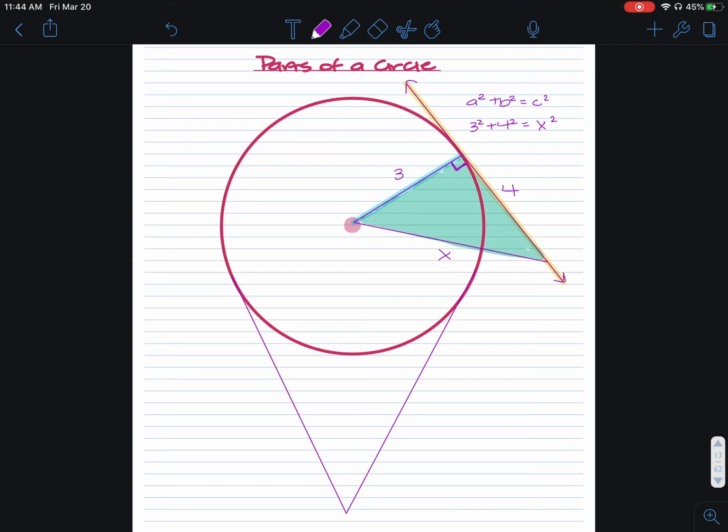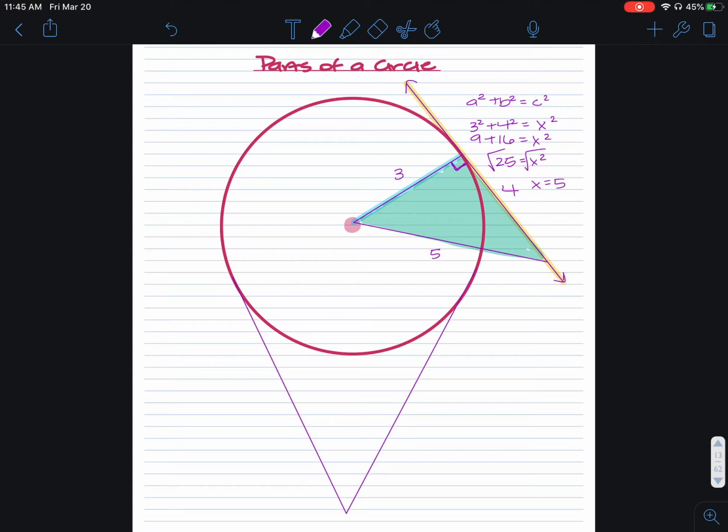Well, I want to solve for x by itself. Well, we got to simplify. So let's do 9 plus 16 equals x squared. 9 plus 16 gives me 25. So I have 25 equals x squared. Okay, well, to get rid of that x squared, or the square part, I want a square root. So I can square root both sides. I get x to be 5. So in this case, this part actually equals 5.